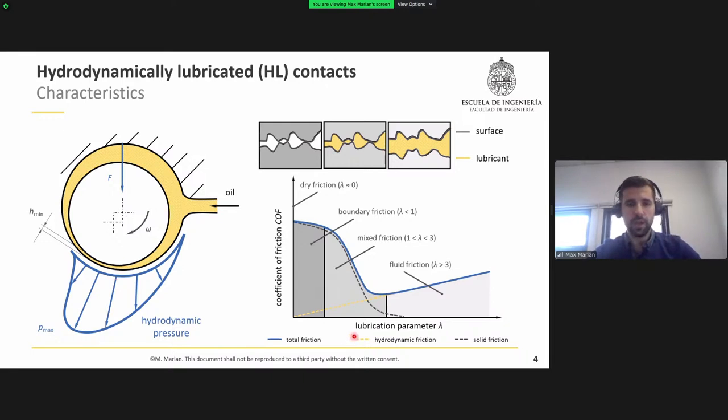With sufficiently high velocity and/or viscosity or lower loads, the fluid regime can transition from boundary to mixed and finally fluid or full film separation, which means first we have a partial separation of the contacting bodies, and with higher velocity or viscosity or lower load, we might have a full separation of the contacting bodies. The coefficient of friction typically follows the well-known Stribeck curve that probably all of us are very familiar with.